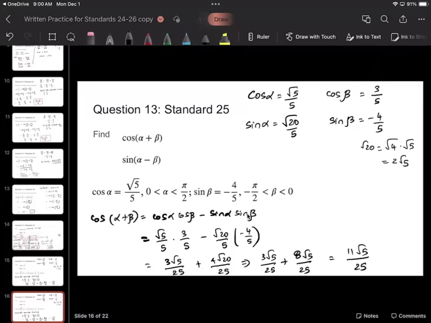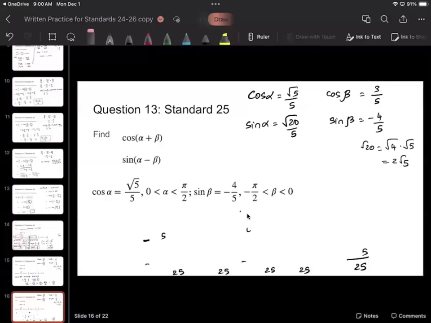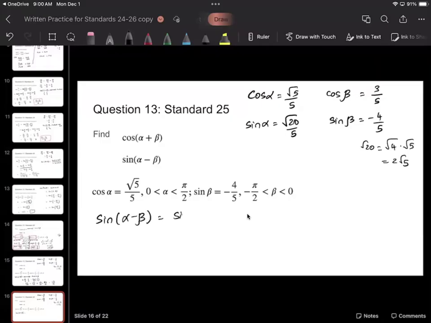So now in this next slide, I'm going to do the other one, which is sine A minus B. So you might want to pause and do this on your own. I will just write the formula for you. Sine A minus B is sine A cosine B minus cosine A sine B. You have all the values, okay? So we just rewrote this as 2 root 5 over 5 just for your information, okay?